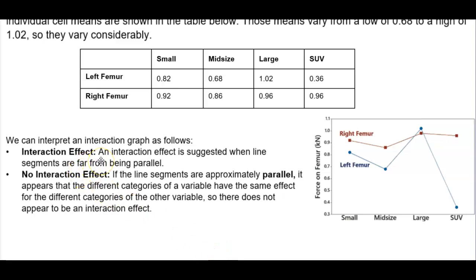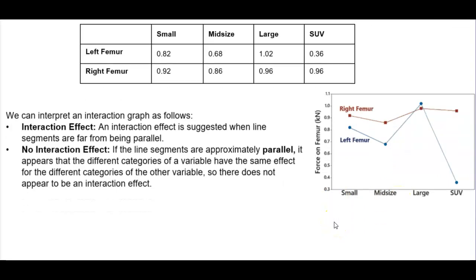The interaction effect. An interaction effect is suggested when the line segments are far from being parallel. No interaction effect if the line segments are approximately parallel. It appears that the different categories of a variable have the same effect for the different categories of the other variable.